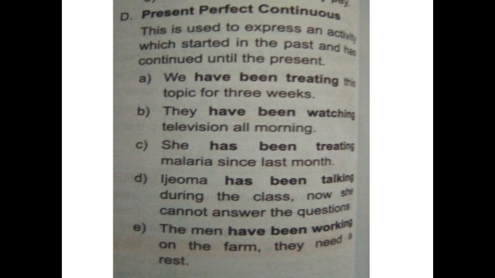But the present is have or has. So the formation of present perfect continuous tense is present auxiliaries plus past participle plus present participle. Treating, watching, talking, walking. These are the present participles. So we need to understand these formations.